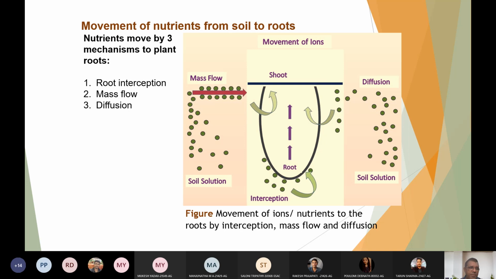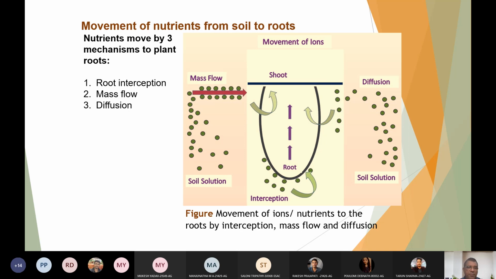In mass flow, the ions or molecules move in large numbers along the water gradient. When water moves, they move along with the water and reach the plant root. From the soil solution, they start their journey and reach in large numbers the plant root surface or the area near the plant roots. So this is mass flow.